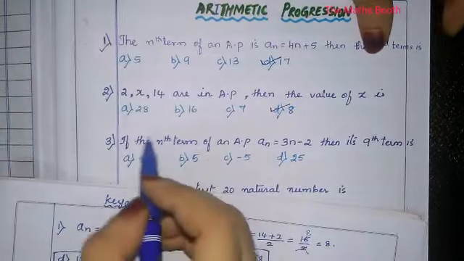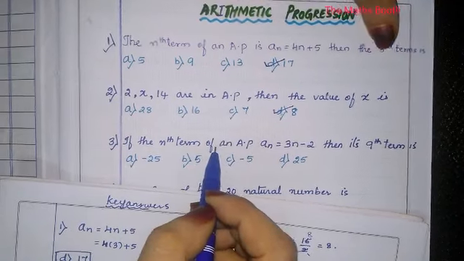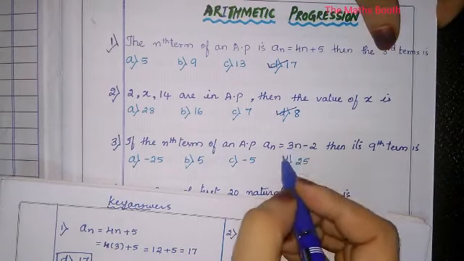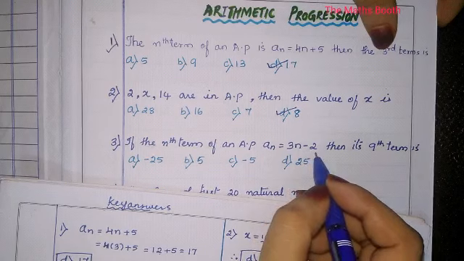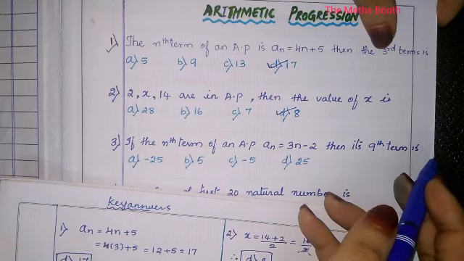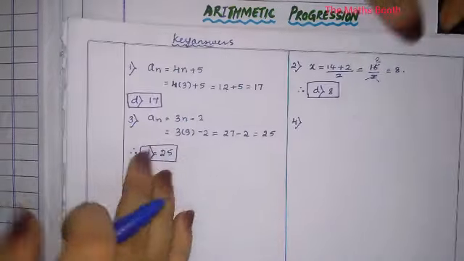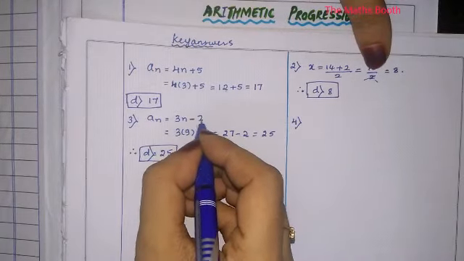Next question. If the nth term of an AP an is equals to 3n minus 2, then its ninth term is. an is equals to 3n minus 2.